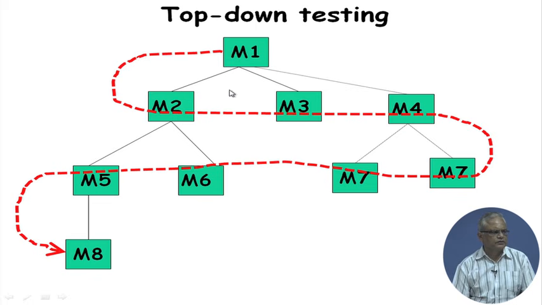Once we have tested it and made it work correctly, we integrate with M7, and then we would need actually 3 stubs, because this module is there, and therefore we do not need a stub for this, we need a stub for only this one and this one. Then next we take up this module here, and we would need only 2 stubs, and so on, until we have the full set of modules integrated.